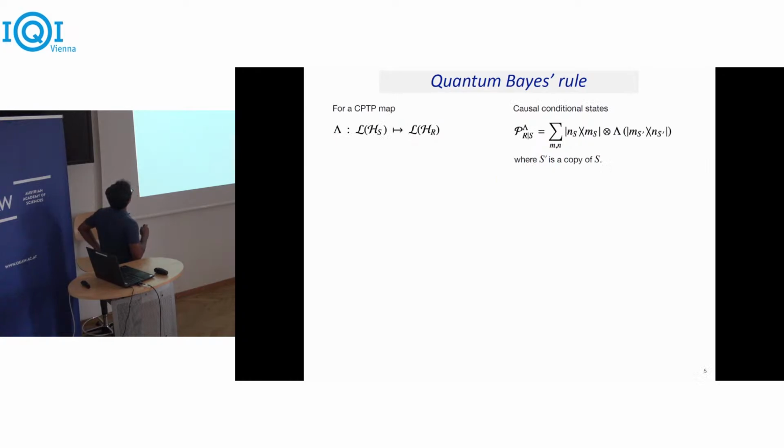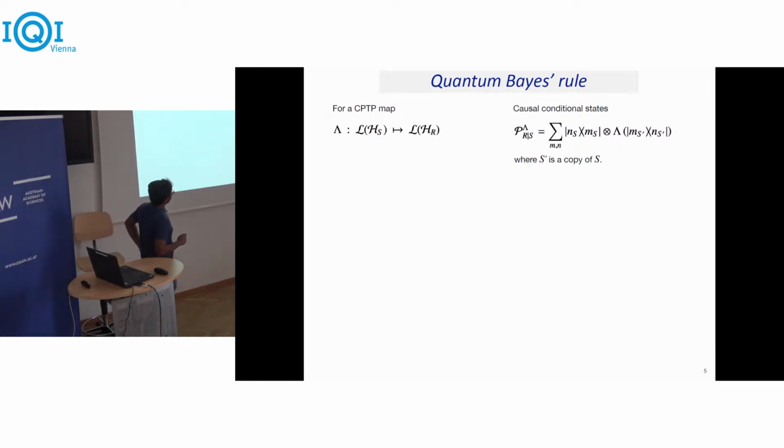So let me start with a general map. Let's say this is a lambda, and when I say general map, it means a completely positive trace preserving map. And let's say it operates on a Hilbert space denoted by S, and it gives output on the space R here. And for this particular operation, the causal conditional state is expressed in this way.